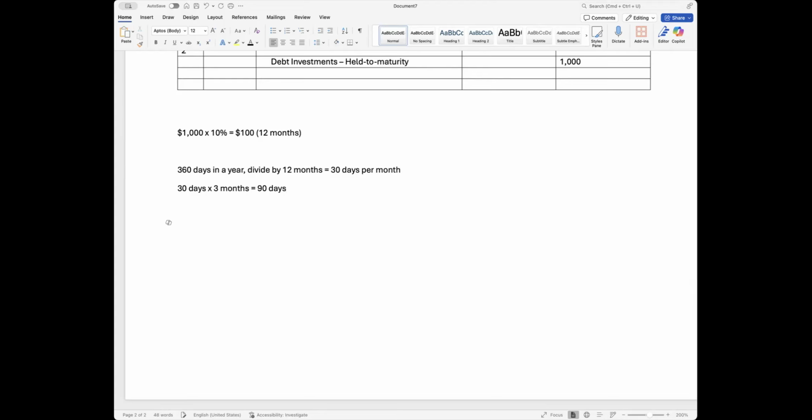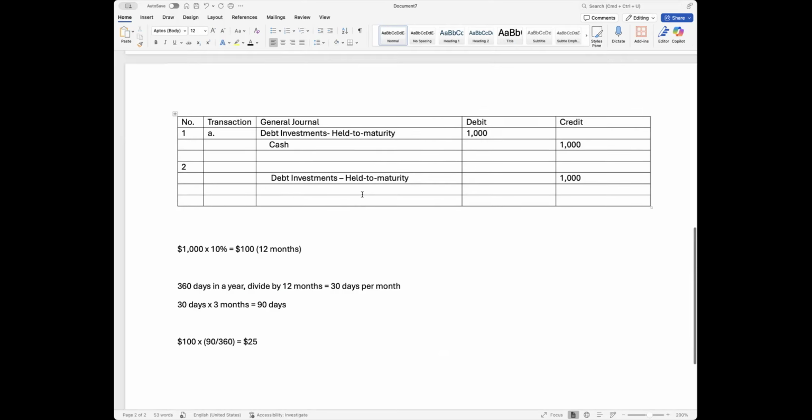So now I have to take my $100 of interest and multiply that by 90 divided by 360. All right, so I'm going to get my calculator. I'm going to first do 90 divided by 360. That gives me 0.25. And multiply that by 100, and I get 25.